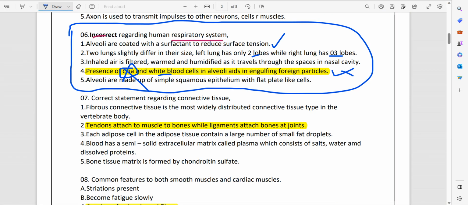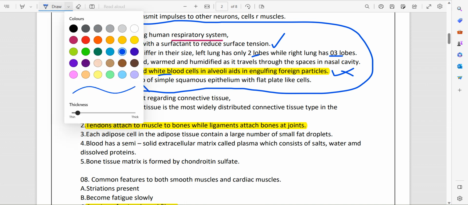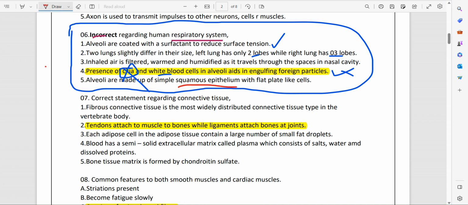If we take this last statement, they can write simple squamous epithelium. Yeah, it's true, you're very sure about that. Simple squamous is present in alveoli as well as in blood capillaries. Sometimes they do half of the statement correctly, and they might add cuboidal shaped cells or long brick shaped cells or something. They can give you a very true point in the beginning, but at the end they change it to a completely wrong statement.